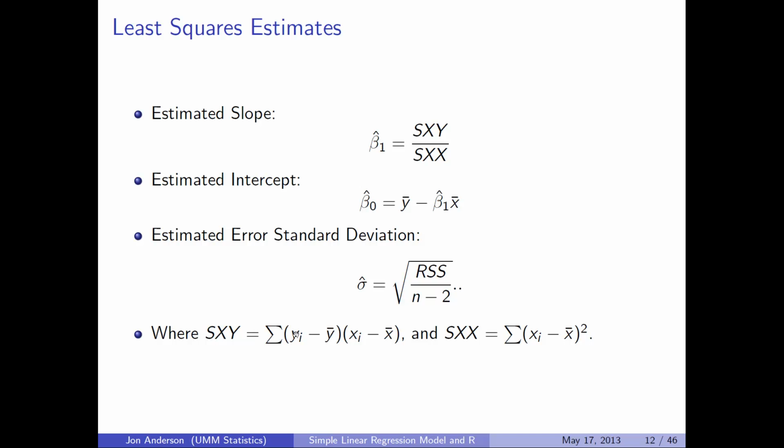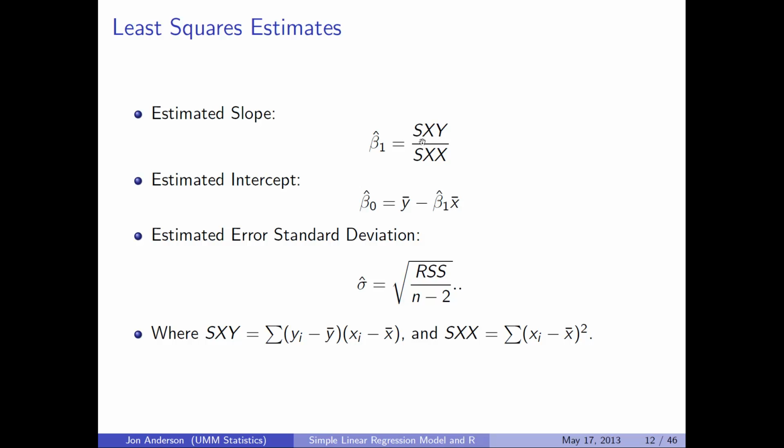So SXY just measures the sum of these little differences between the y values and their average and the x values and their average, and that forms the numerator of the slope. The denominator of the slope is called SXX, and that is just the sum of the squared differences between the predictor values and their average. So this is a total predictor variation in the denominator against a kind of scaled x against y variation in the numerator.